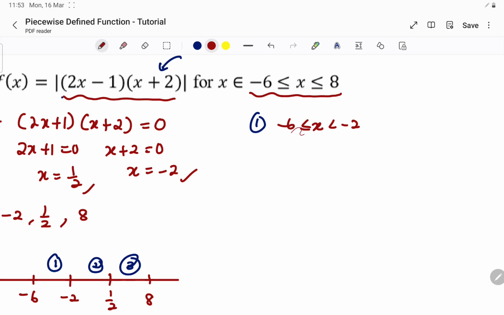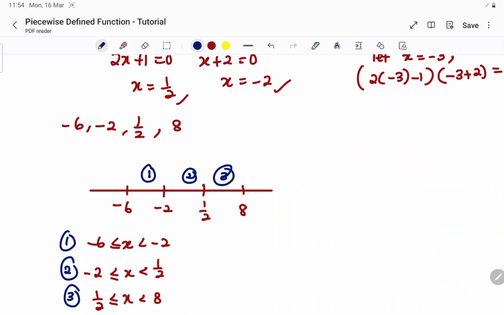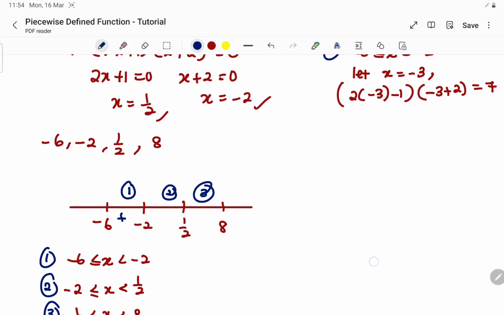Maybe I will use negative 3. So you let x is equal to negative 3. So you're going to get 2 multiplied by negative 3 minus 1, times negative 3 plus 2. So you calculate this, you're going to get 7. So when you get 7, that means this is a positive value.